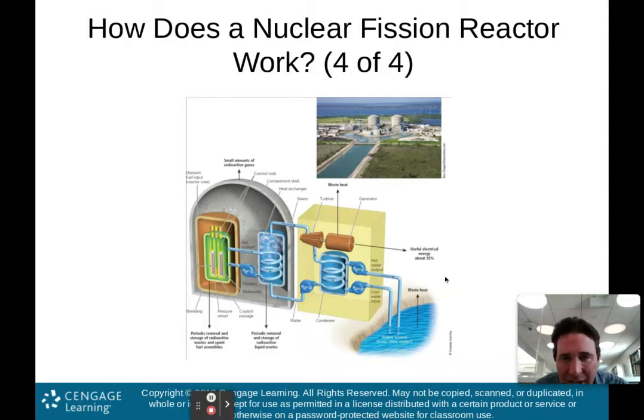This is the key, though, here, guys. Look at this. Useful electrical energy, only about 35%. That means about 65% of the energy is wasted. This is another issue with nuclear fission reactors and why they have that low net energy yield. They're not very energy efficient, okay?